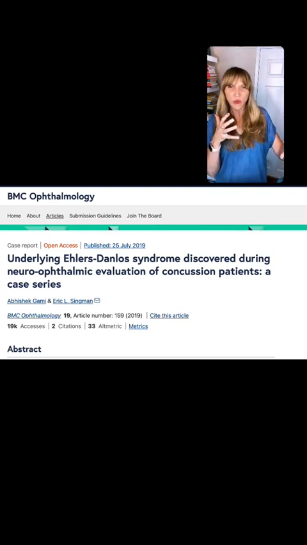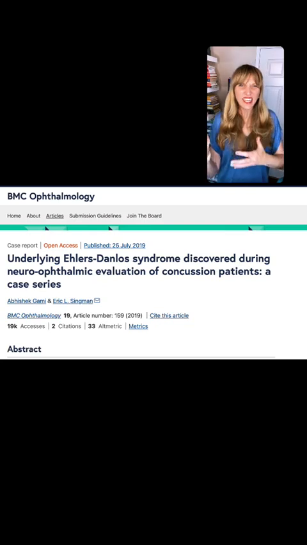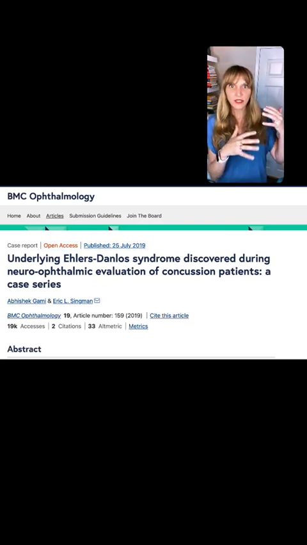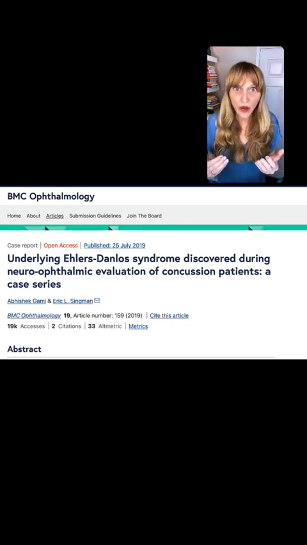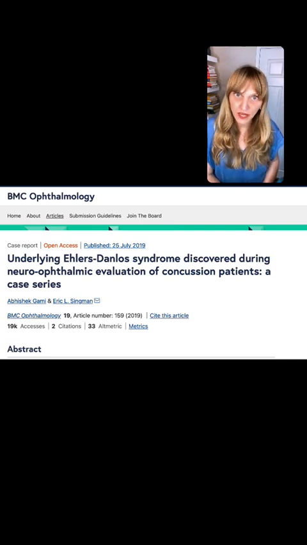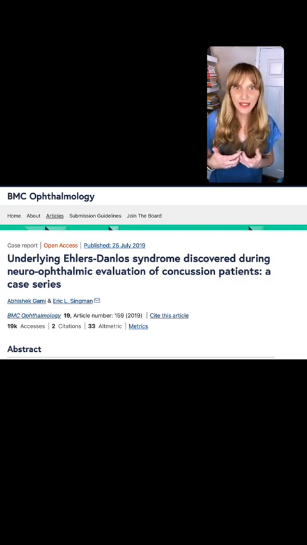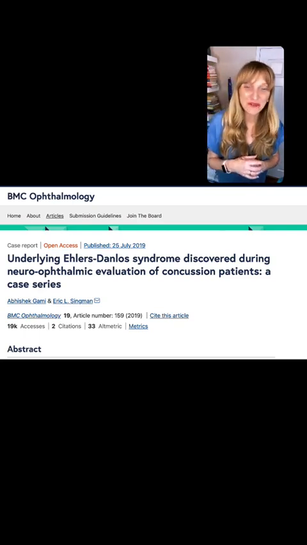So we don't know, did the EDS predispose that person to having a concussion? We don't know. What was important here, though, is that the EDS was very likely contributing to prolonged symptoms post-concussion, right? Because of the influence on the autonomic nervous system, for one, but even neck stability and changes there.